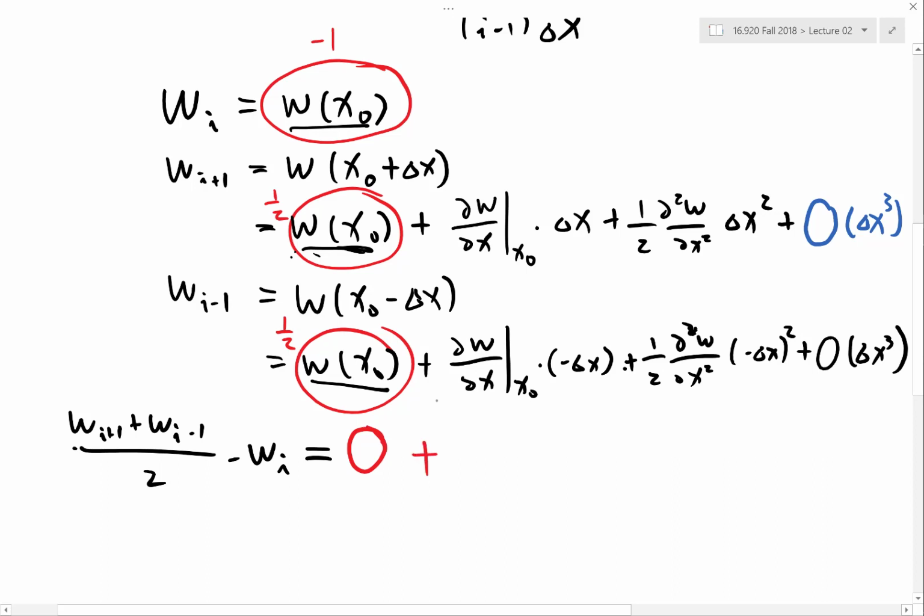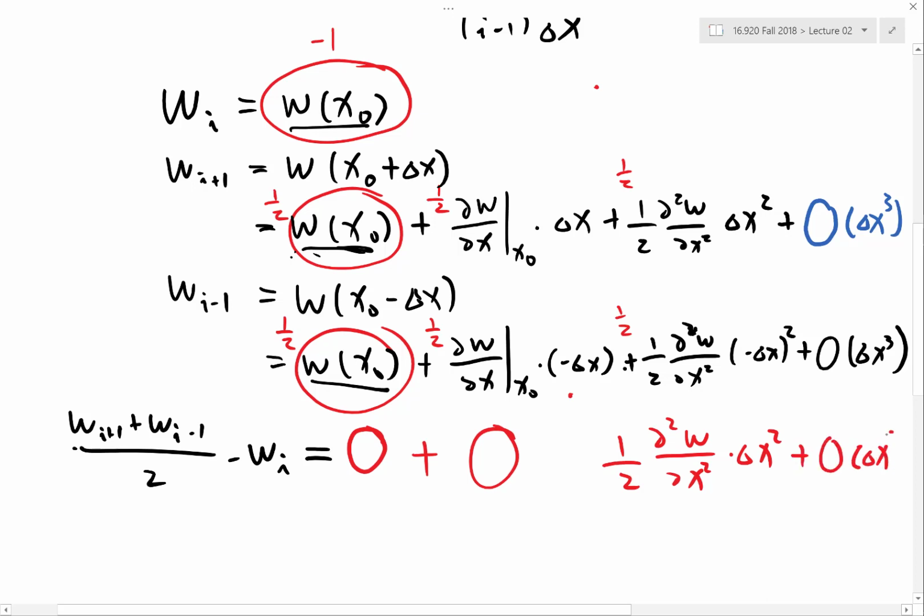Now the first order term: we have nothing in wi, but half here and half here, with a minus here. Again, we have 0. How about the second order term? We have half here and nothing on the top. This one we actually get something: times delta x squared, because minus delta x squared is delta x squared, plus big O of delta x cubed.